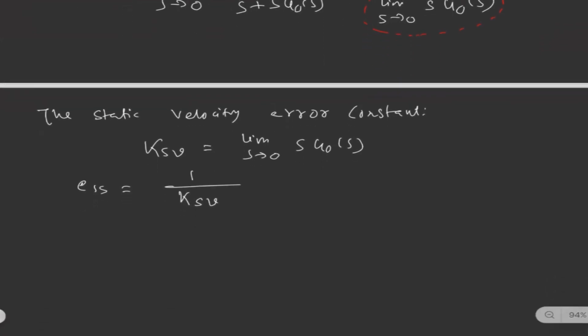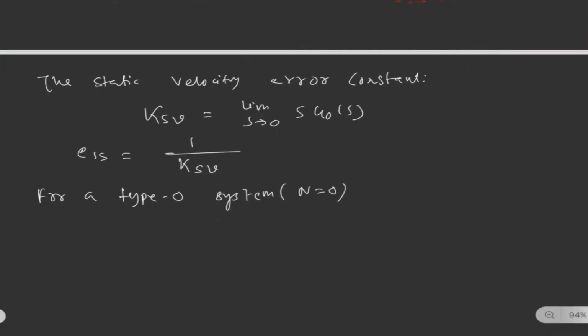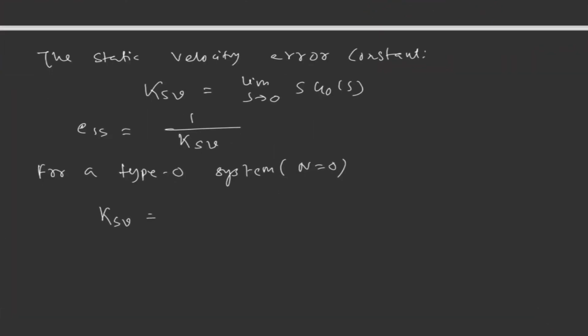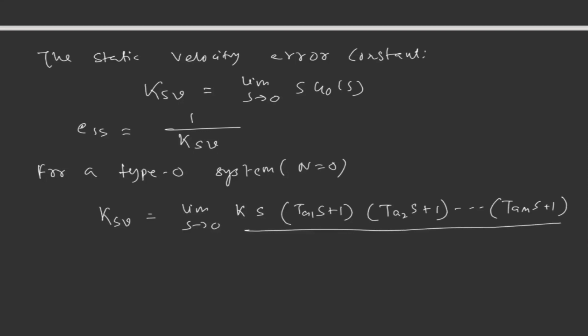Now we'll look at the type 0 system first. For a type 0 system where n equals 0, KSV we can find as limit s tends to 0 of K s (Ta1 s plus 1)(Ta2 s plus 1)...(Tam s plus 1), and in the denominator, since it's type 0 system, there are no poles at origin, so we write (Tb1 s plus 1)(Tb2 s plus 1)...(Tbn s plus 1).